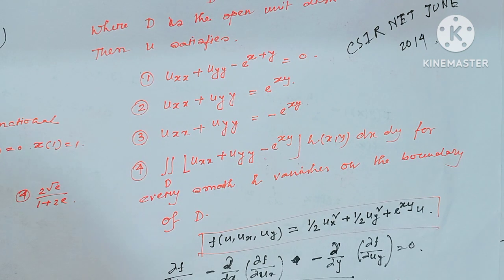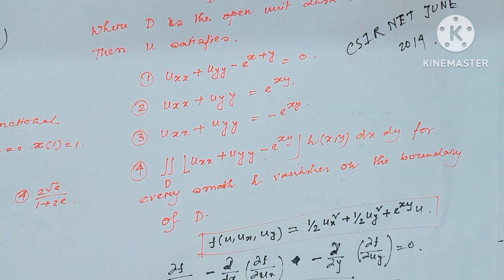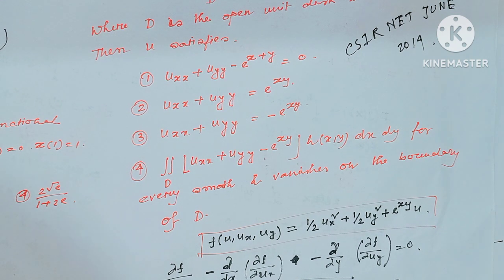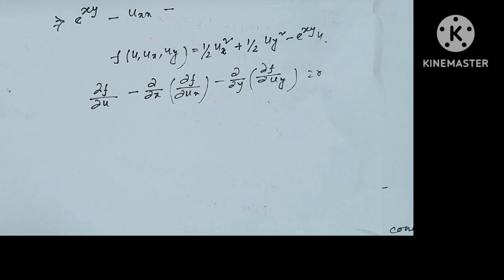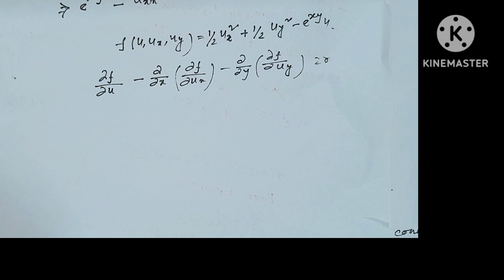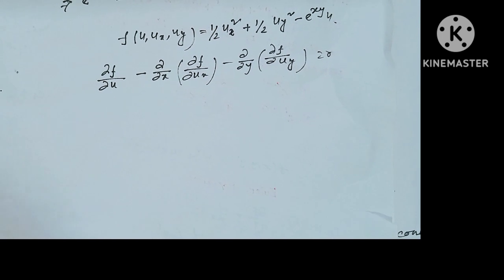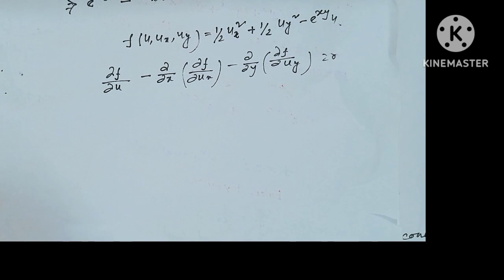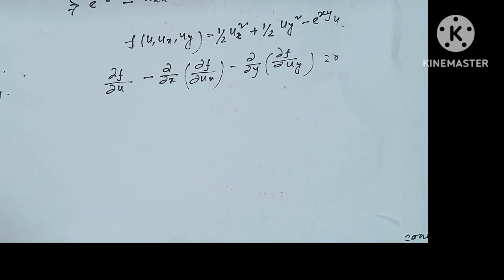And option 4, the double integral on D of (u_xx plus u_yy minus e^(xy)) times h(x,y) dx dy vanishes for every smooth h that vanishes on the boundary of D. The functional is f of u, u_x, u_y, which is equal to half u_x whole square plus half u_y whole square minus e^(xy) times u.